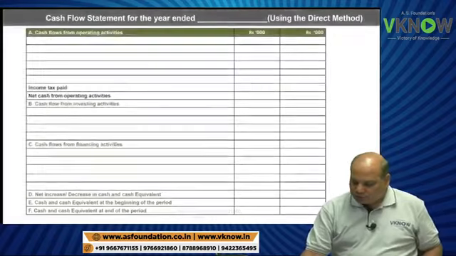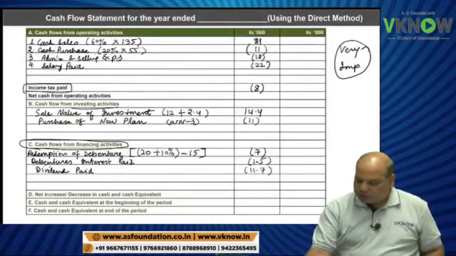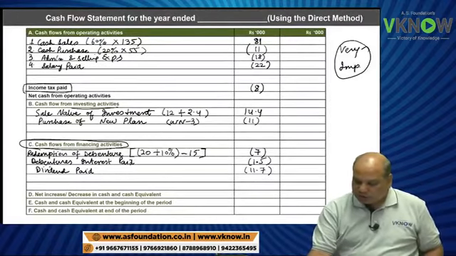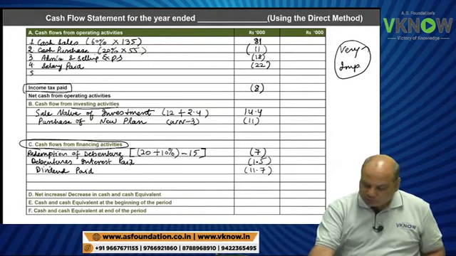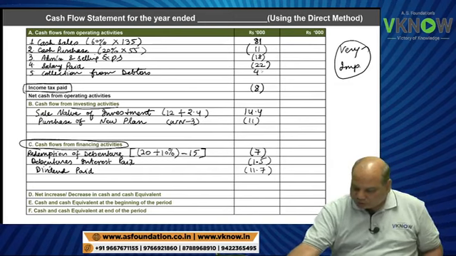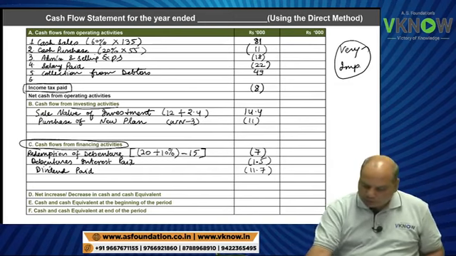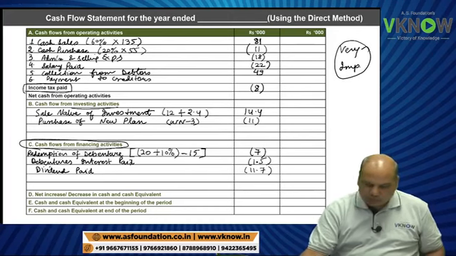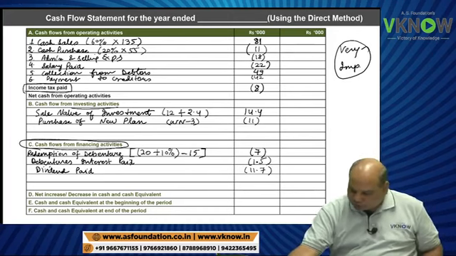Then we'll come to this cash flow from operating activity. Point number 5, collection from debtor, positive 49, and point number 6, payment to creditors, in bracket 42.